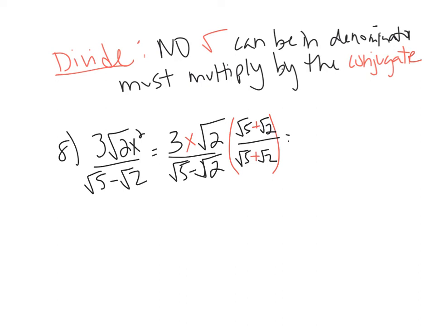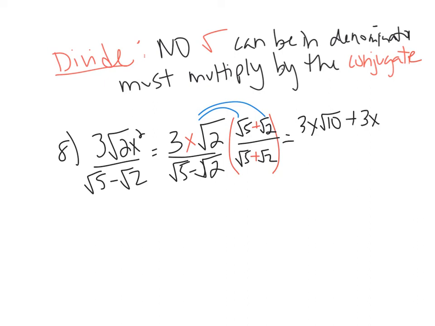For the top part, I'm going to just distribute. So if I distribute the numerator, I have 3x root 2 times root 5. Outside multiply, inside multiply. So I got a 3x on the outside. Root 2 times root 5 is root 10. And then 3x root 2 times root 2.